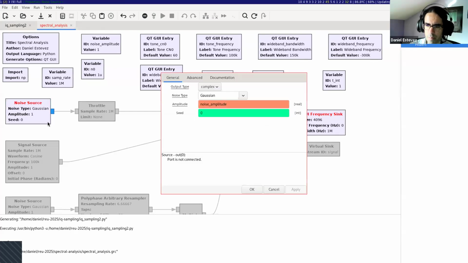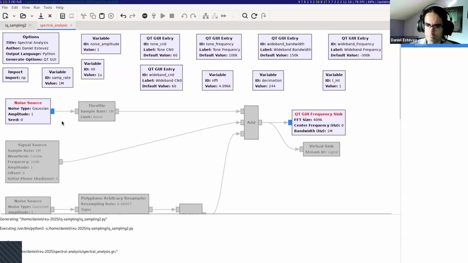This gives the power of the noise here. And power of a complex number, as you might know, is the modulus squared of the complex number, which is the same thing as the real part squared plus the imaginary part squared.